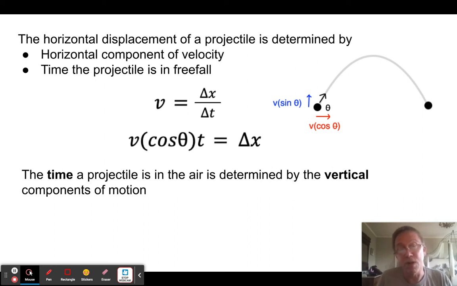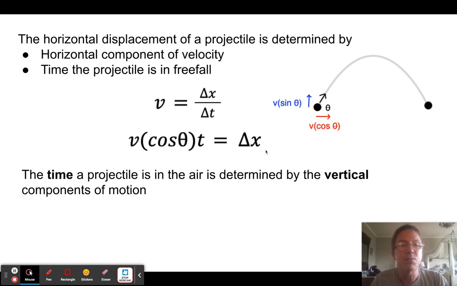So when we're given these ballistic problems, or projectile motion problems, the first thing to keep in mind is if I want to know the horizontal value, I take the cosine of the angle times the launch velocity. So v cosine theta gives me the horizontal component of velocity.